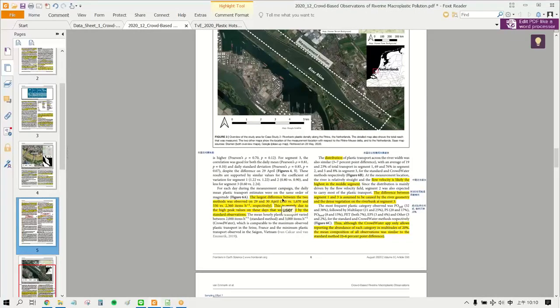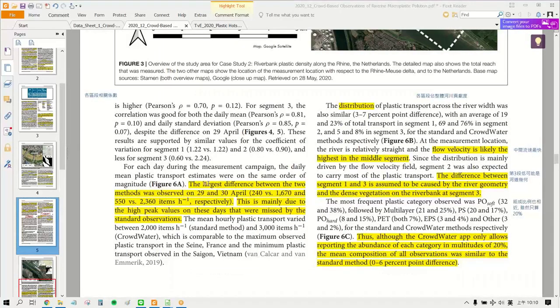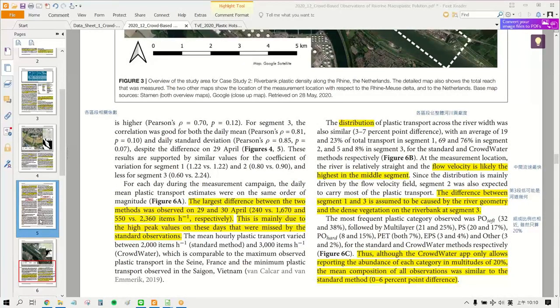Okay, I think I already mentioned some of the results while I explained the figures. About the floating ones, they say it's quite similar from the new method to the traditional method.